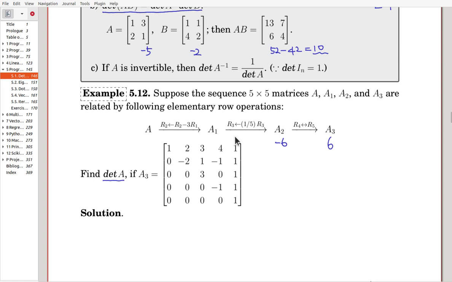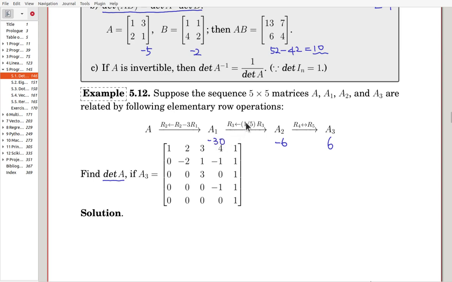Now, the third row is scaled by 1 over 5, so the determinant of A1 can be obtained by scaling back, which means multiplying by 5. So here there's minus 30.